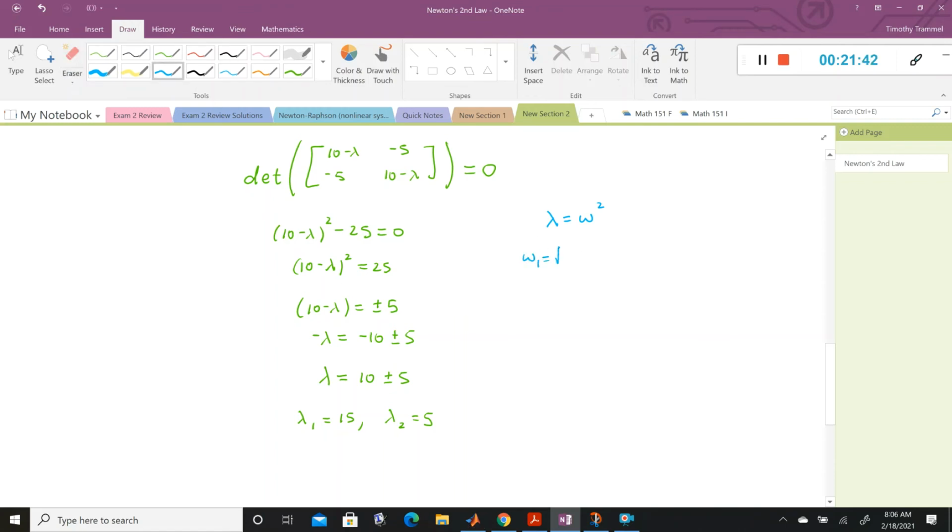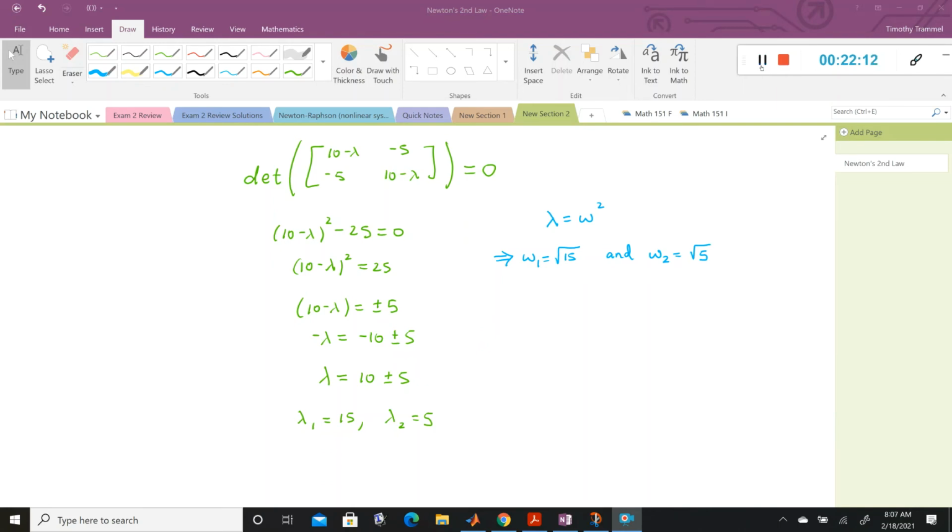Omega 1 will be the square root of 15, and our other possible frequency is going to be the square root of 5. And I shouldn't exactly be calling this frequency. I should be calling this our angular frequency.